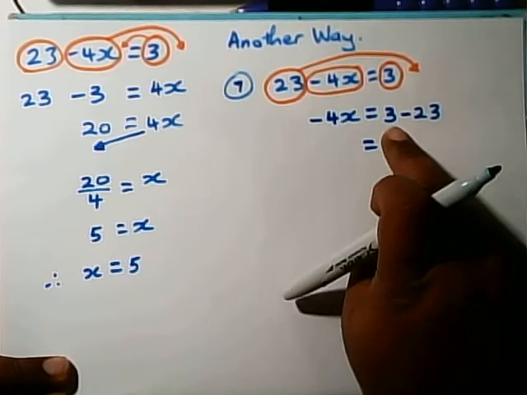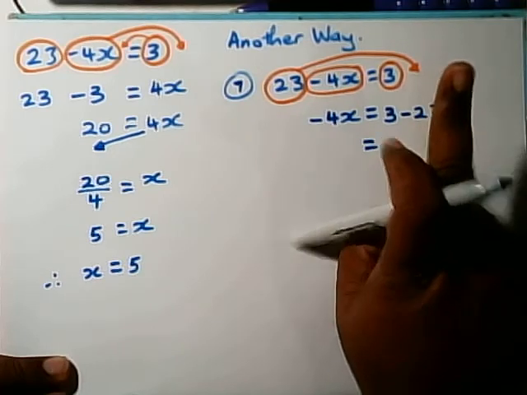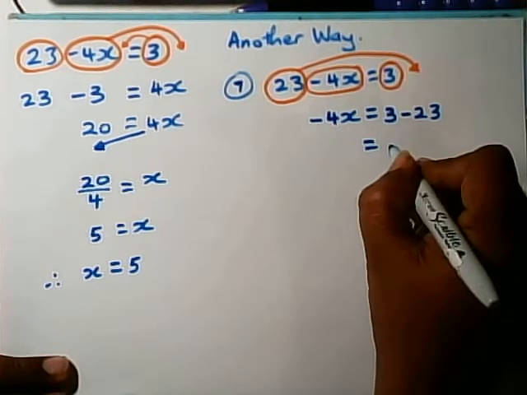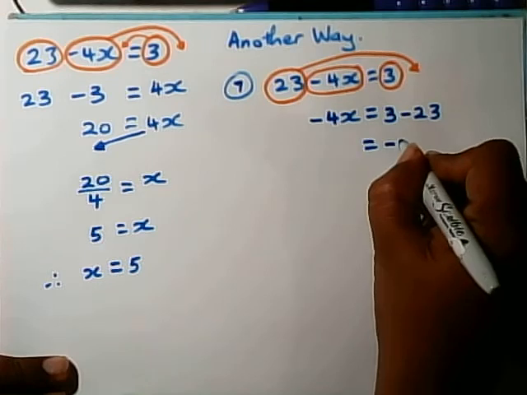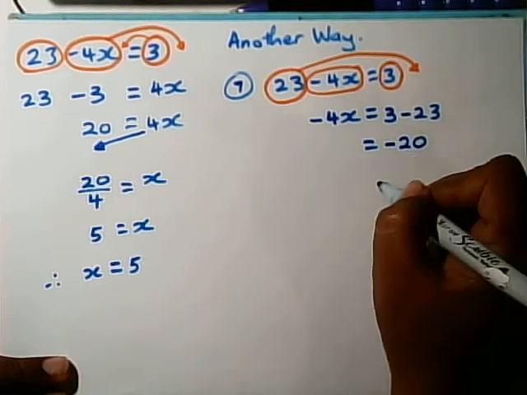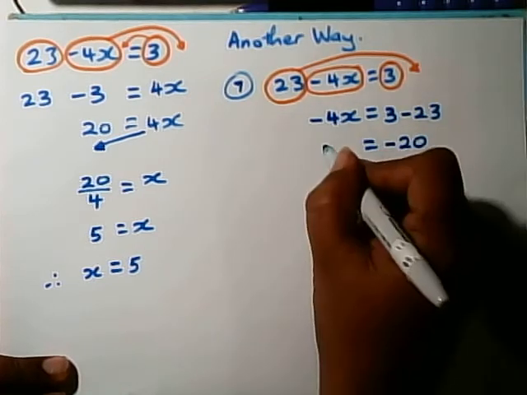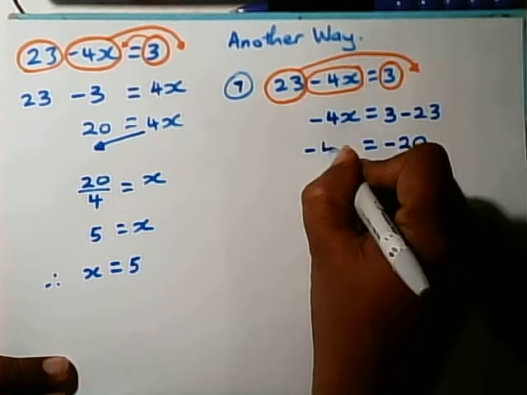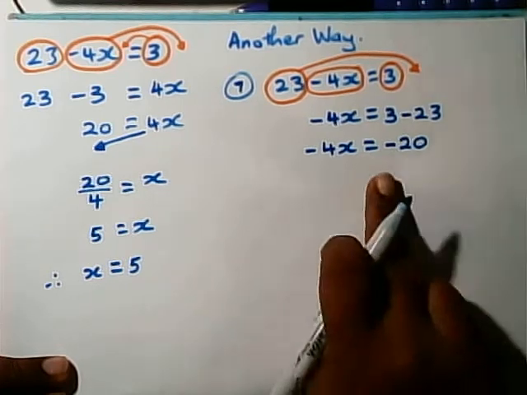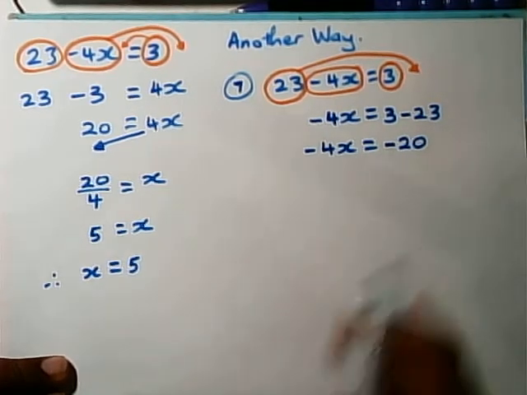Go for an elevator ride. Go up 3, go down 23. You would have landed at negative 20. If in doubt, do it on the calculator and see. We end up with minus 4x is equal to negative 20.